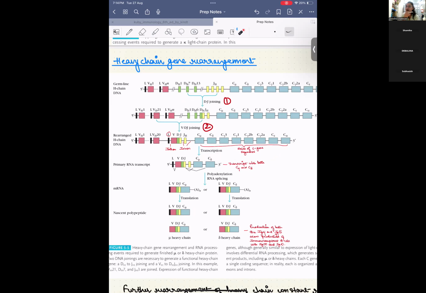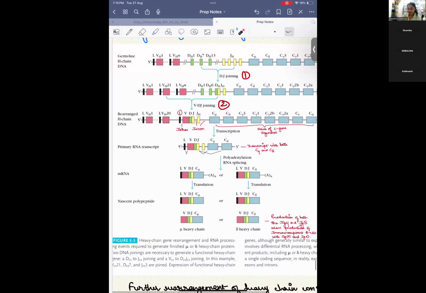When a B cell is developing from a pro B cell to a naive B cell, this is what is happening. Only in the presence of antigen, and we'll come to that part later, might these regions join to some other constant regions, and that is going to give you the particular isotype that we have been talking about, right?